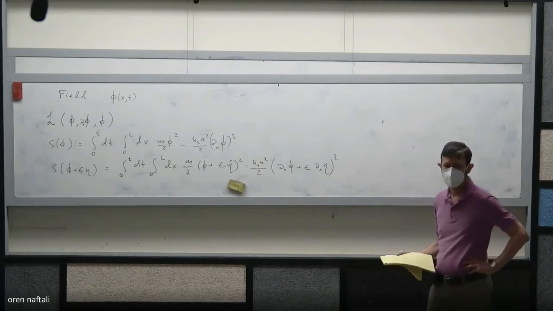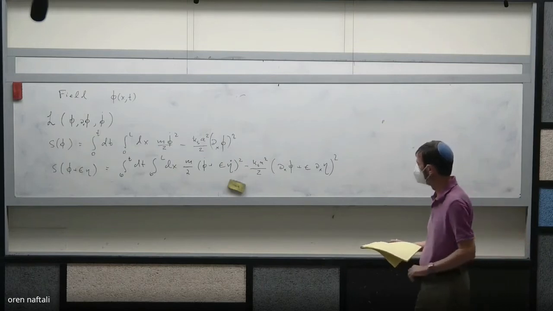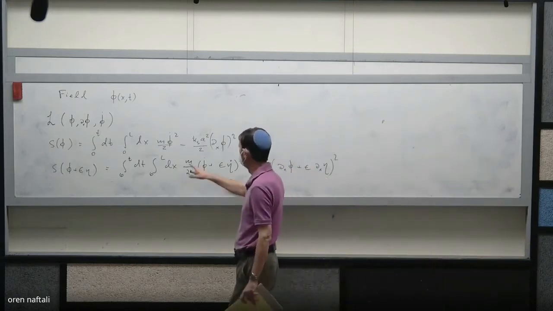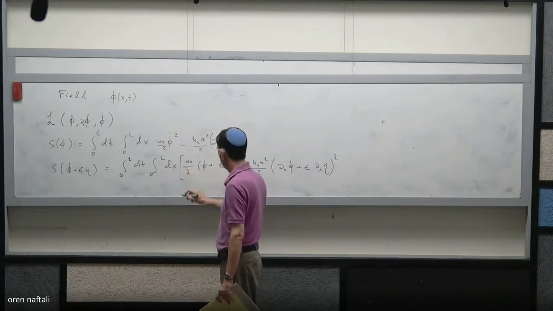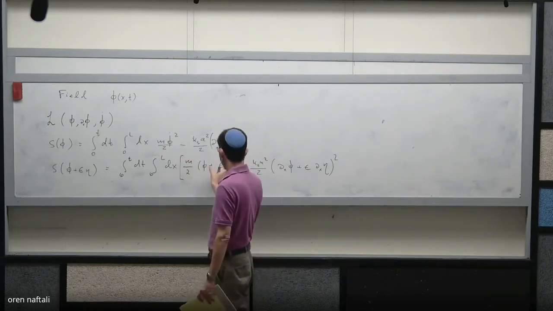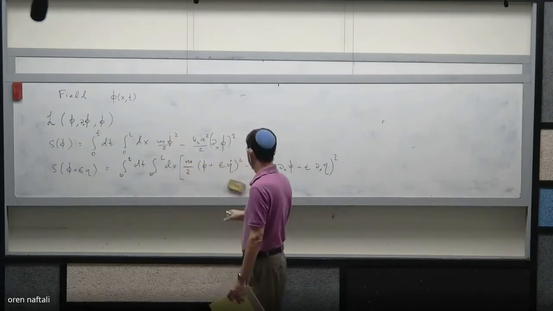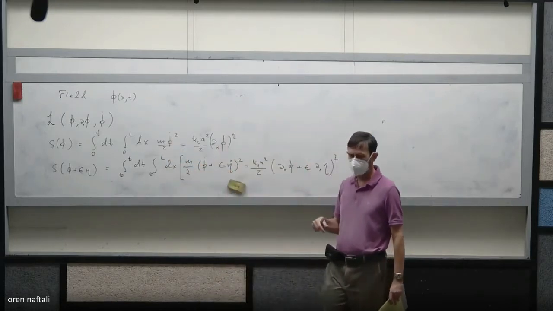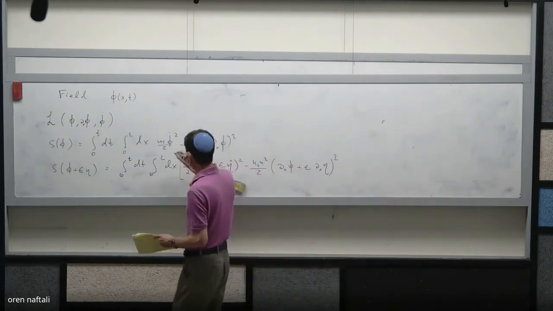Shouldn't it be m plus the time derivative, because of the square? I first take the time derivative and then I square it.